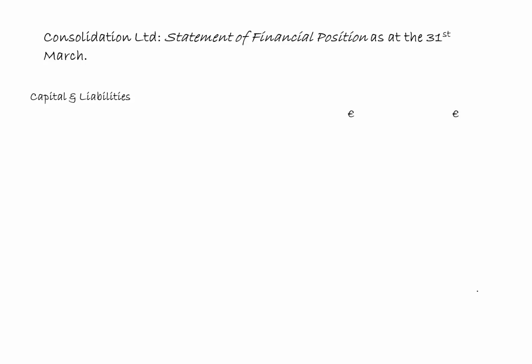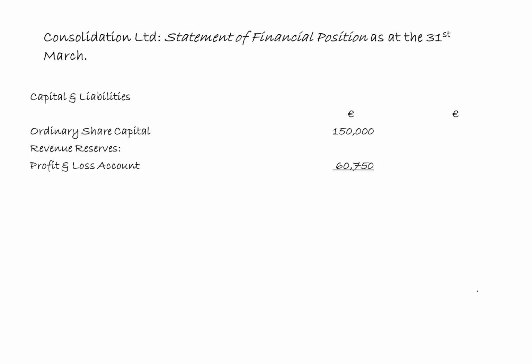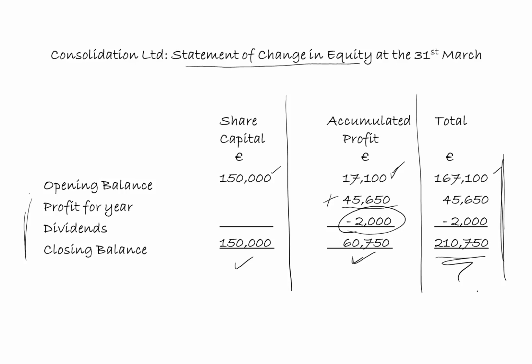So moving on here now, we have the second part of our statement of financial position, which is the capital and liabilities. So I'm going to put in the capital first. So the ordinary share capital plus the reserves, which is the profit and loss account. That figure will be the ordinary share capital 150,000, and the profit and loss account of 60,750. Don't really have to work that out, because I just go back here to my statement of change in equity.